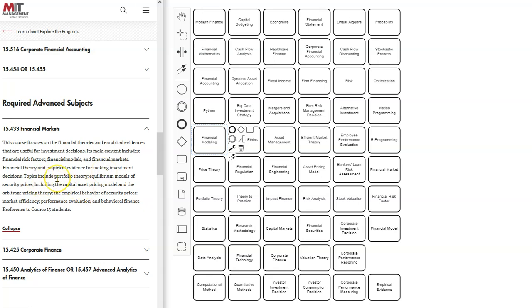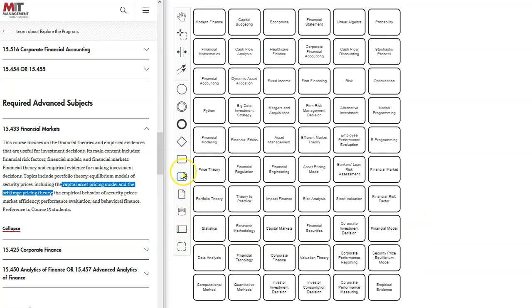All right, so what else do we have? We have portfolio theory, equilibrium models of security prices. Security price equilibrium model. Capital asset pricing model.